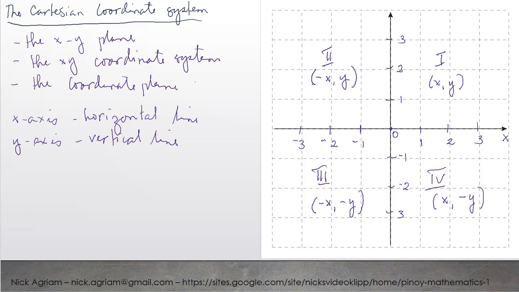I will give you some examples now, pairs of numbers, and then we will locate them. We can see how these quadrants can help us locate where in the coordinate system we can find a certain point.